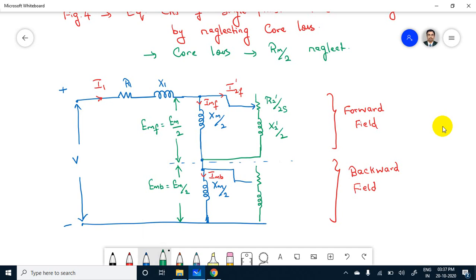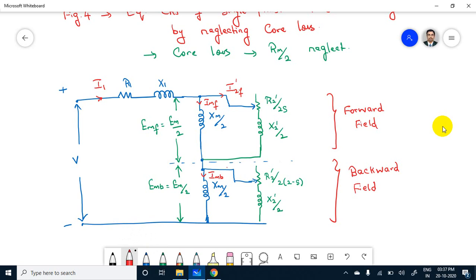So the notation is R2 dash by 2 into (2 minus S), here X2 dash by 2, and the current which will be connected here.